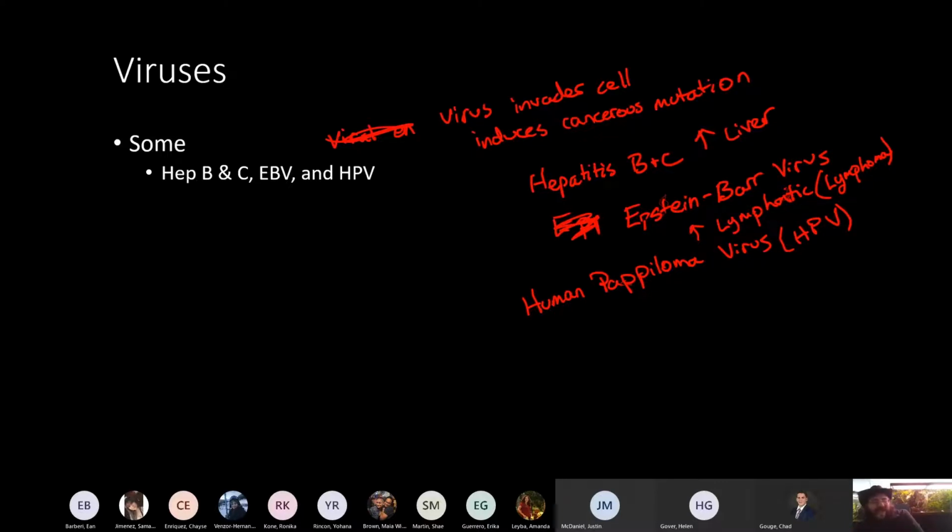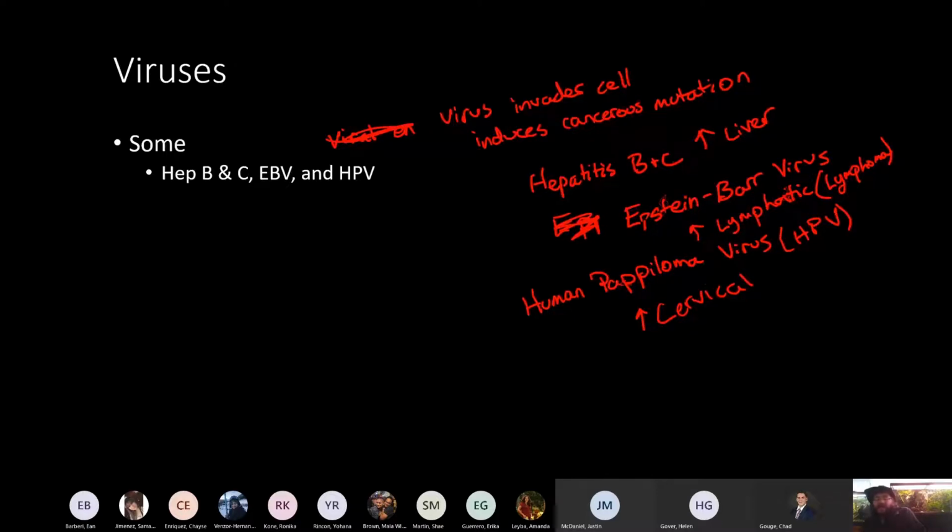The company that made the HPV vaccine, Gardasil, analyzed which strains had the greatest risk of cancer and made a vaccine against that. It would be very difficult to make a vaccine against all the strains, but it does a pretty great job of protecting against human papilloma viruses, which increase risk of cervical cancer.